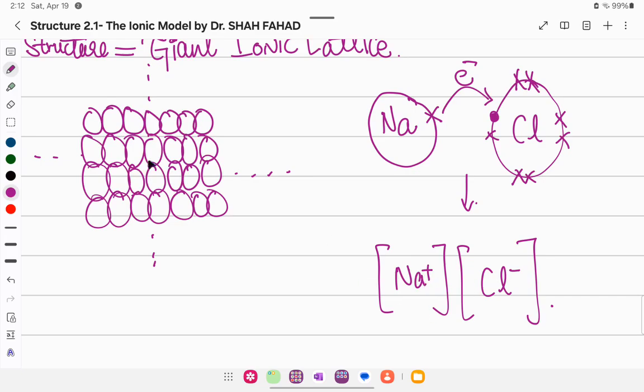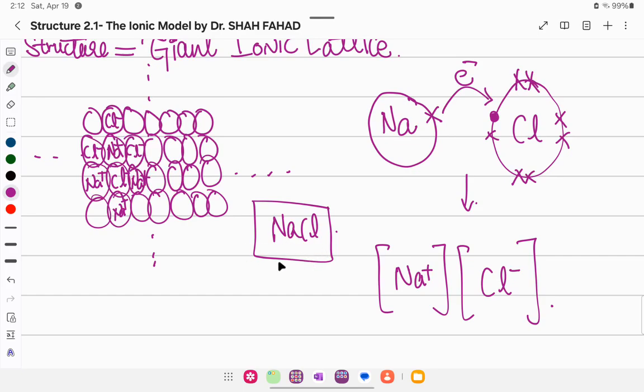Now these sodium and chloride ions alternate in the entire structure. For example, if this is sodium, it will have chloride surrounding it all around, and each chloride will be surrounded by sodium ions all around. So the formula sodium chloride does not actually mean that there's just one sodium and one chlorine atom.